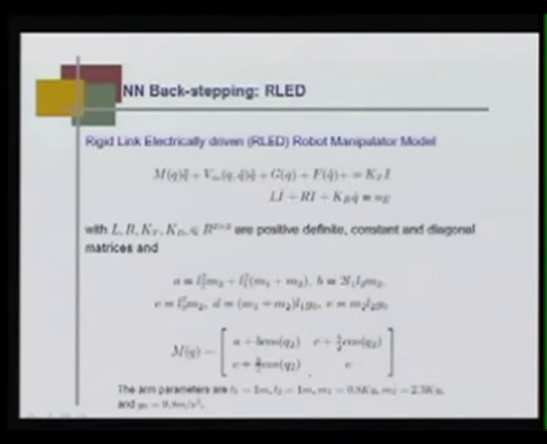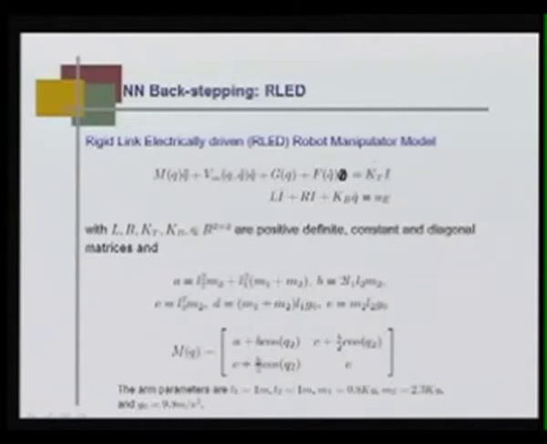of a robot manipulator, a rigid link electrically driven robot manipulator, for which this is our normal expression: M q q double dot plus V m q dot, this Coriolis, this is gravity, this is friction, equal to k t I, where I is the current of the motor, an electrically driven motor.